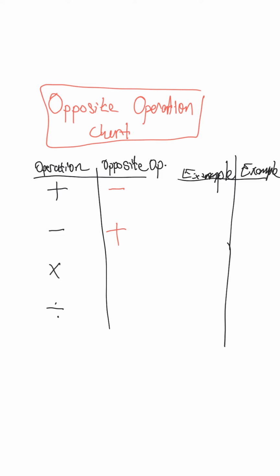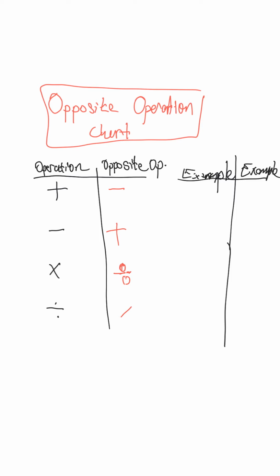Multiplication. What is the opposite of multiplication? It is division. For example, if you multiply a number, let's say 3 times 5, which equals 15, how can you get back to 3? With division. When you divide 15 by 5, you will get 3 as the original number. Same thing over here. What is the opposite of division?